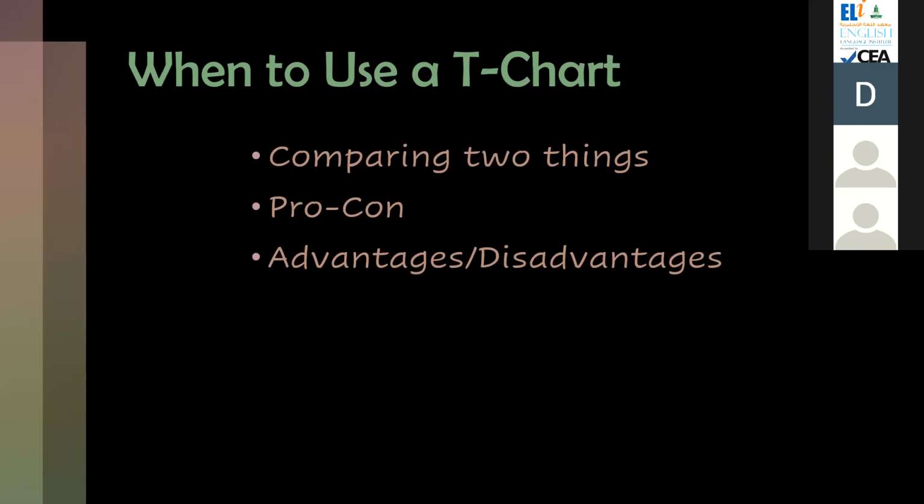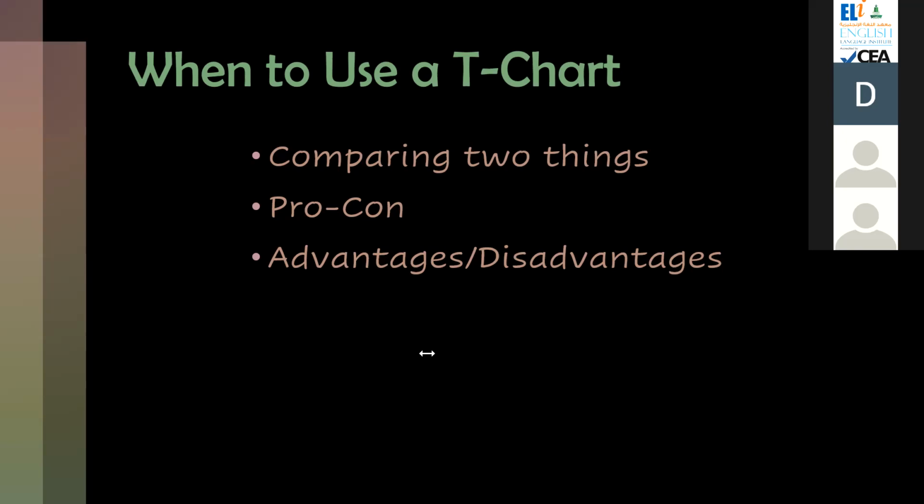This type of chart is really useful for that. It's good for a problem and some solutions, and then you're going to want to expand that even further, but it's a good start for a problem solution. I'm trying to decide if this is a good solution, pros and cons, advantages and disadvantages, agree or disagree.